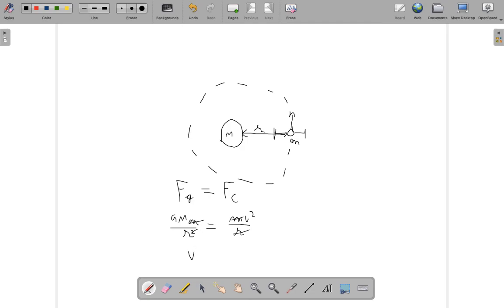We end up with v squared equals to GM over r, and v equals to root GM over r. That is the velocity of an object in circular motion.